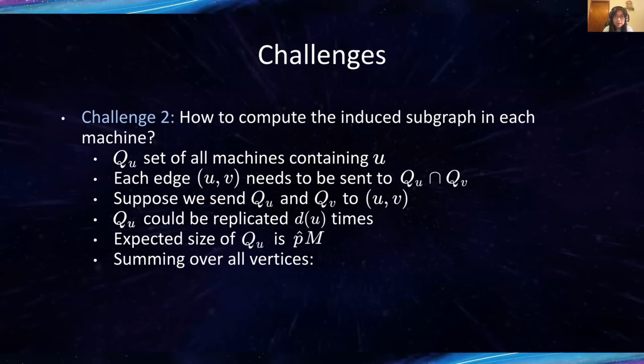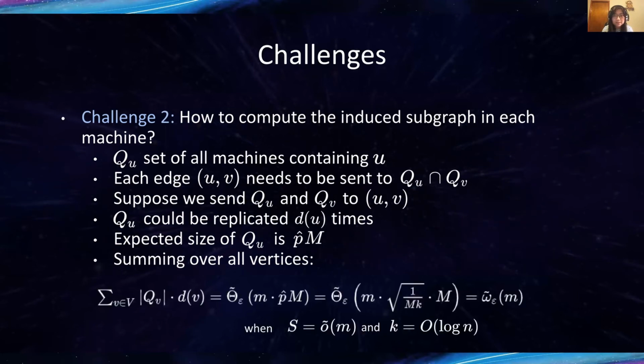Then, each set QU could be replicated degree of U times. By our setting of the probability from the previous slide, the expected size of QU is p times m. Summing over all vertices, this would result in asymptotically greater than linear in m messages for all cases when S is tilde little o of m and k is O of log n. I will show that k is O of log n shortly.